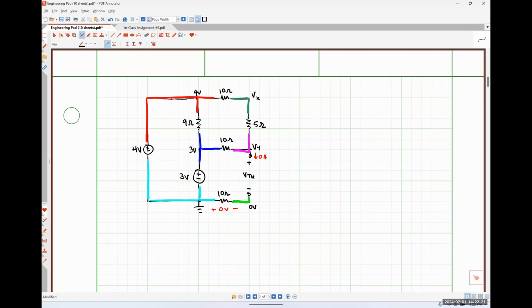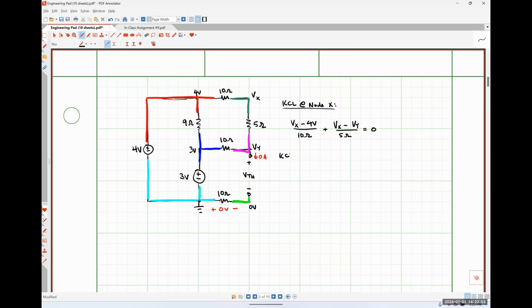So if I apply KCL at node X, I wind up getting Vx minus 4 volts over 10 ohms plus Vx minus Vy over 5 ohms is equal to 0.